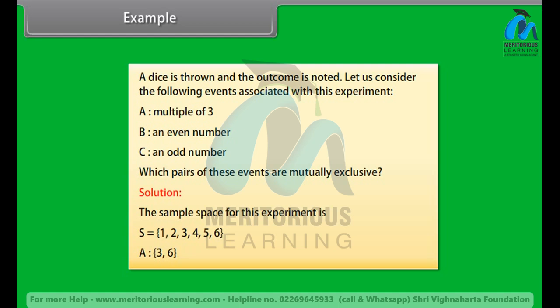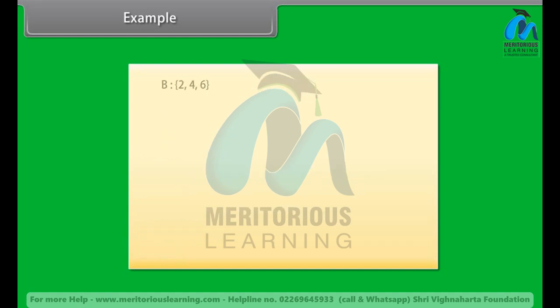A is equal to {3, 6}. B is equal to {2, 4, 6}. C is equal to {1, 3, 5}. A intersection B is equal to {6}, which is not equal to phi.